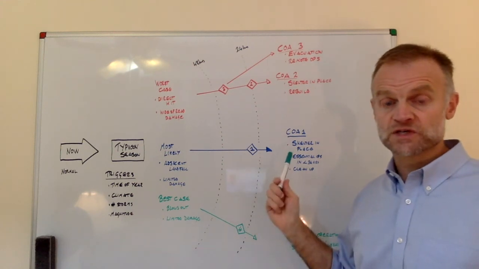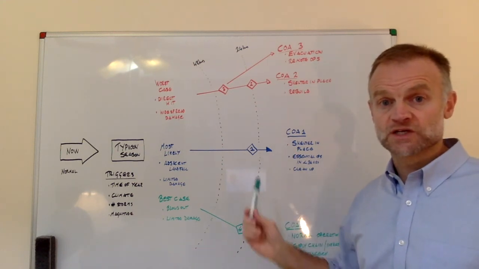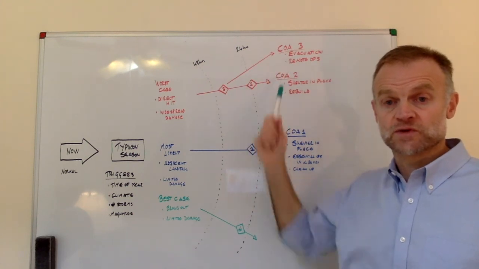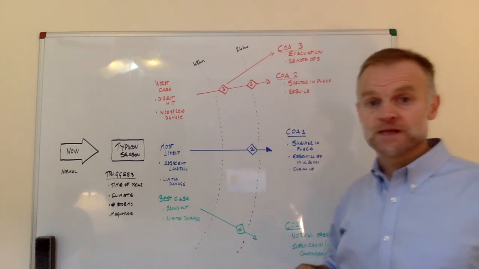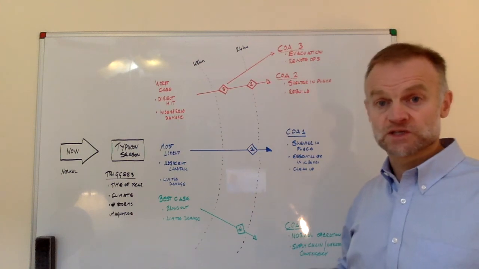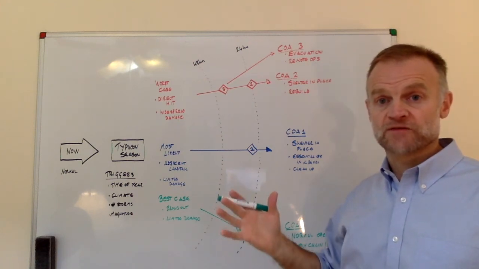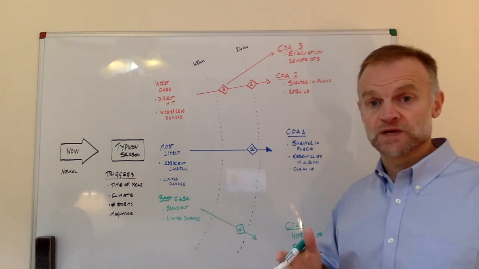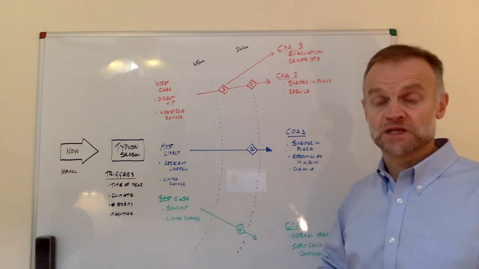And then for each of those scenarios, we map out courses of action. And in this case, we actually have 2 separate courses of action associated with the worst case scenario. And then the final thing we did is we looked at where the decision points come in. So working back from what we want to achieve with this course of action and how long we need to make that happen, we can then put in the decision points.